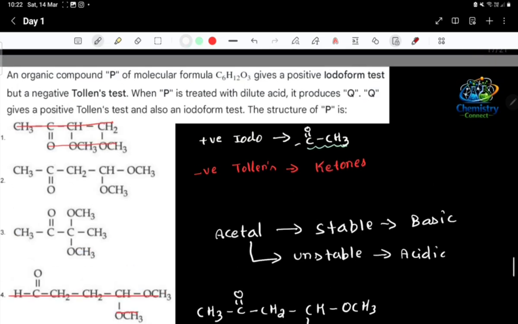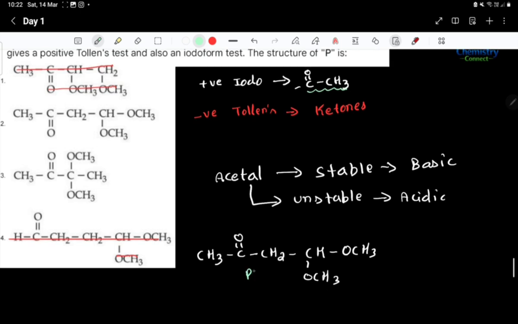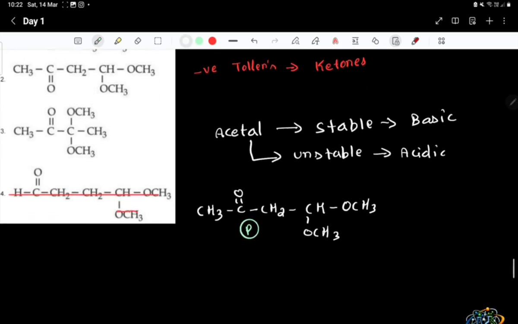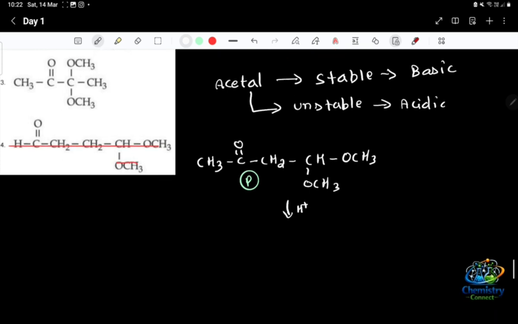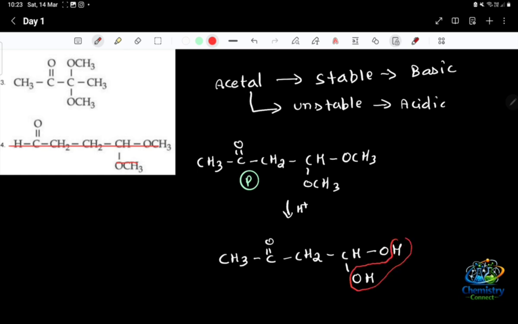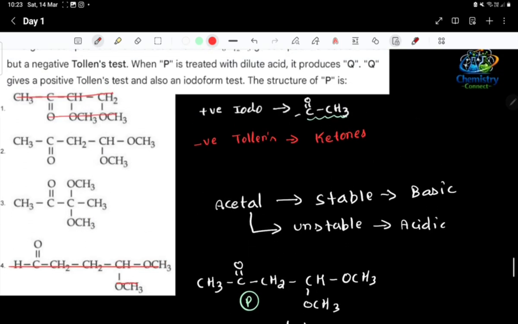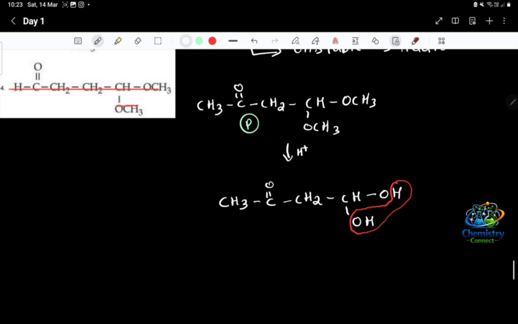Let us consider this compound is P. Now if you add acid, H plus, the product will be CH3, C double bond O, CH2, CH, OH, and one more OH. This is a geminal diol. Since it is geminal, it is highly unstable. Water will go out.